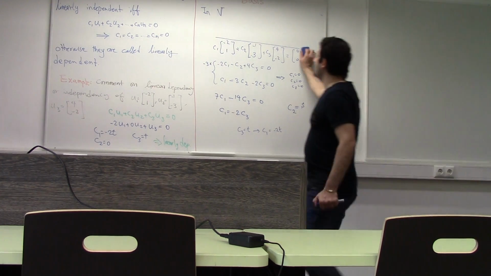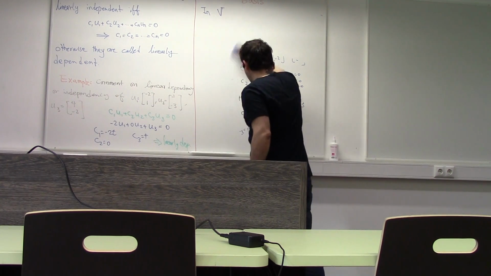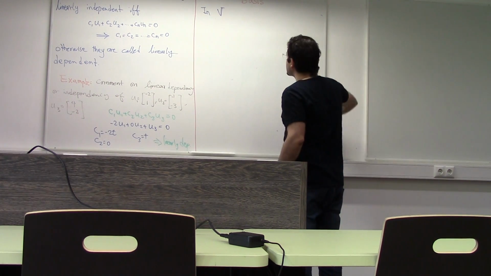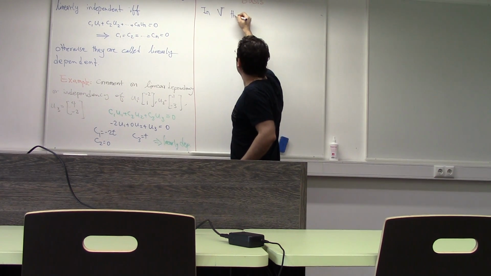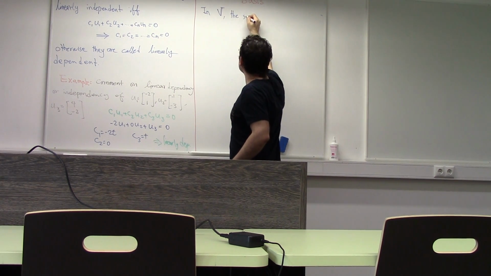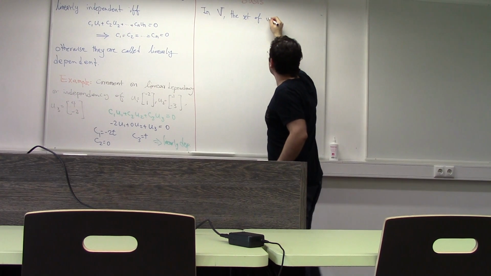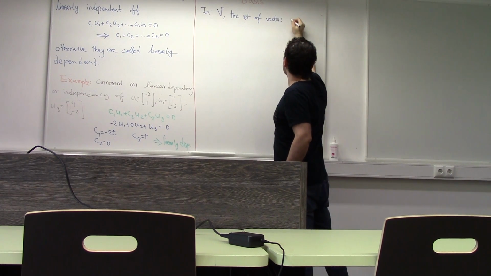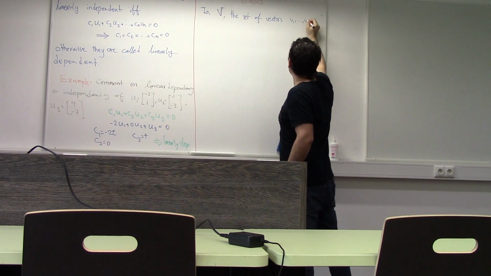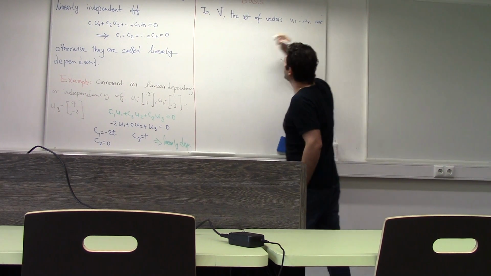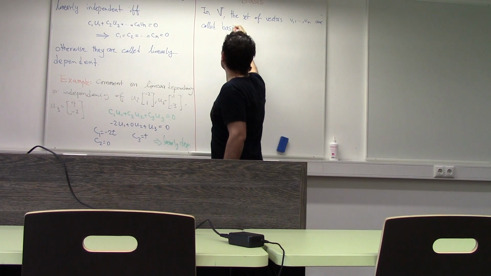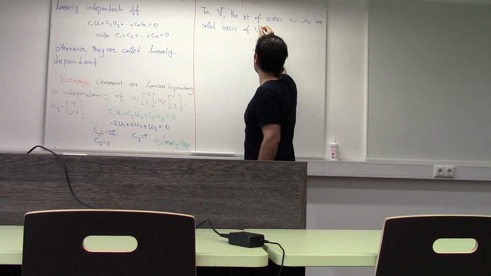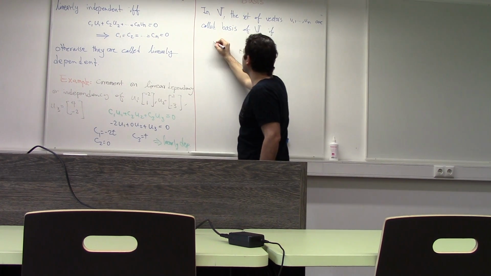So we want to define a basis. In vector space V, the set of vectors V1 till Vn are called basis of our vector space V if we have two conditions.